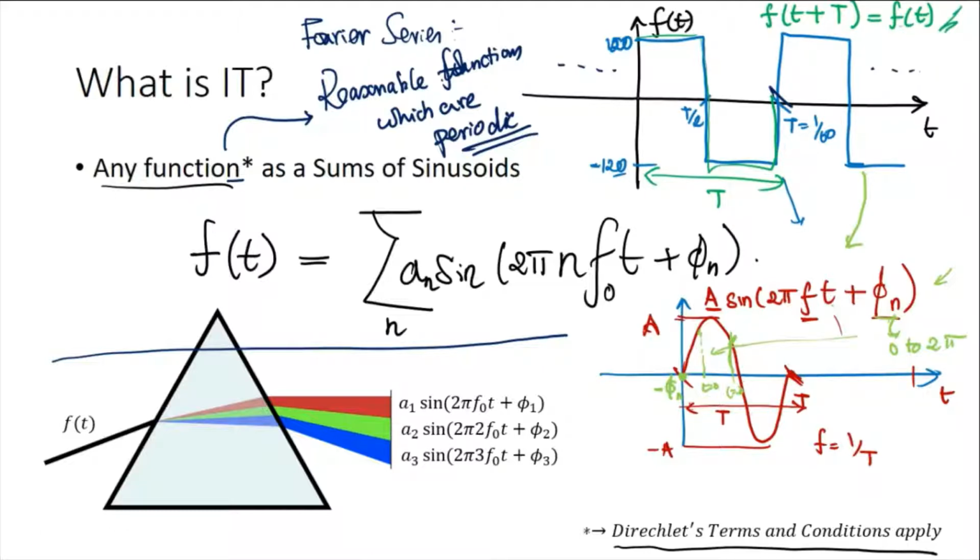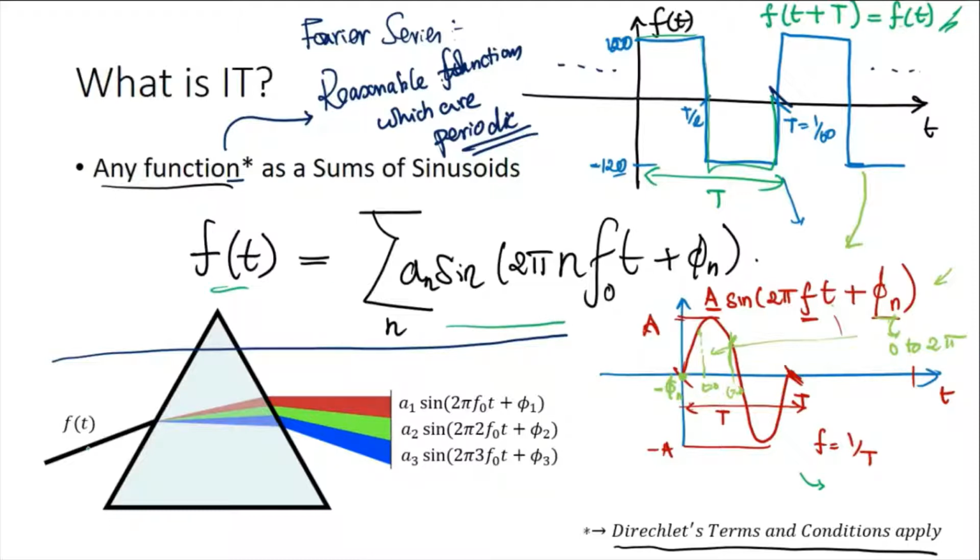Any periodic function can be represented as a sum of sine waves. We will go into a lot more detail about sine waves later, but first let's look at an interesting way of seeing it. What I'm going to claim is that any function is just a sum of sine waves.